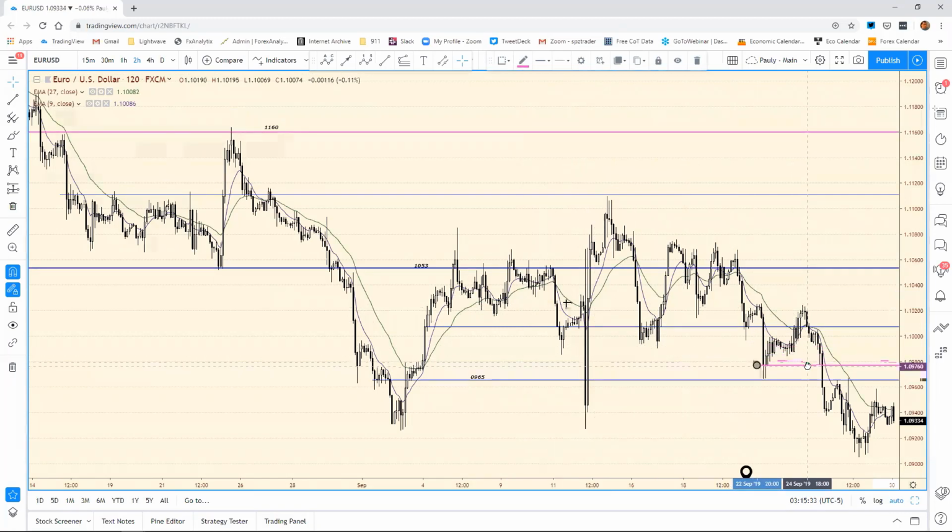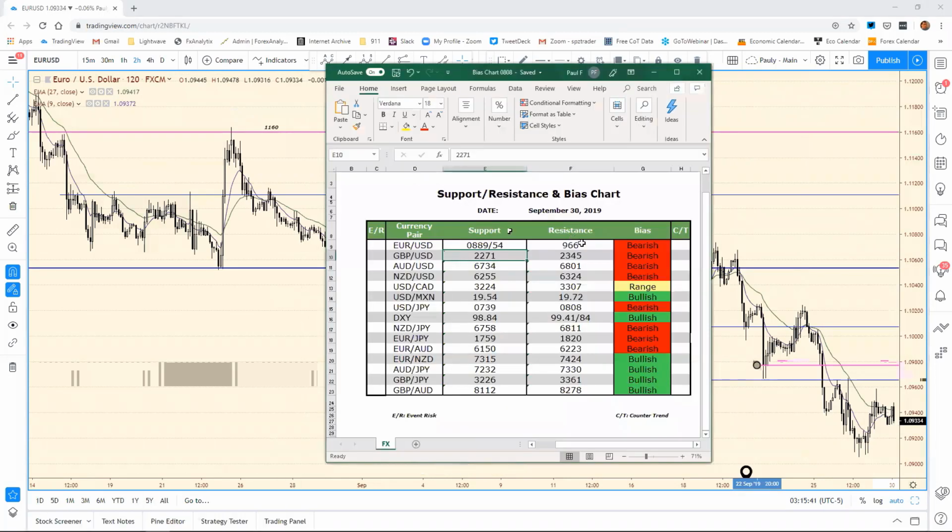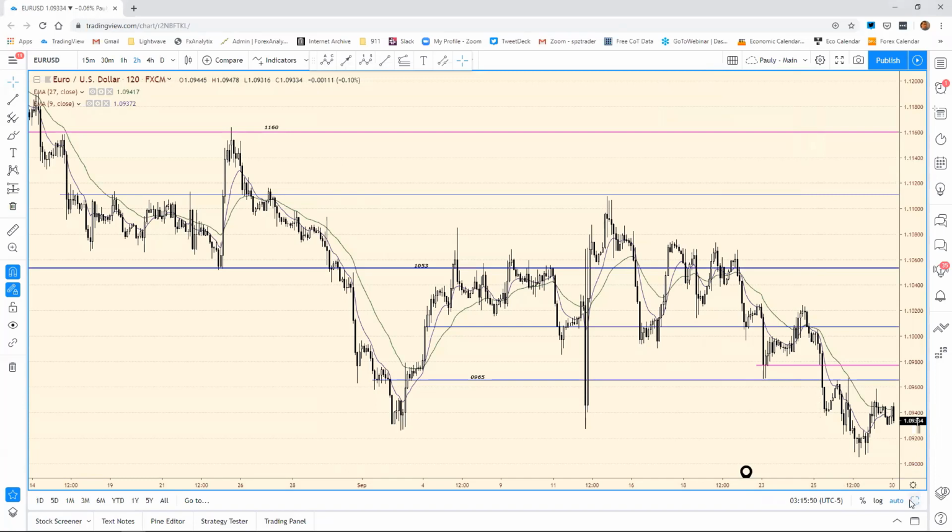For right now, that's the immediate resistance, 976, so about 40 pips away, 42 pips away. So, obviously bearish. Let's move into the cable.